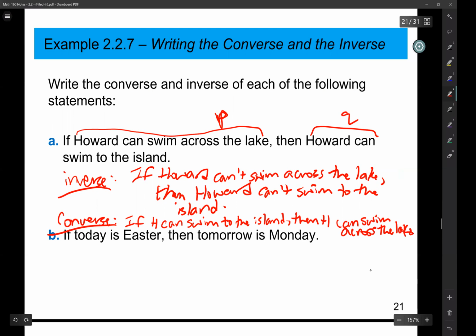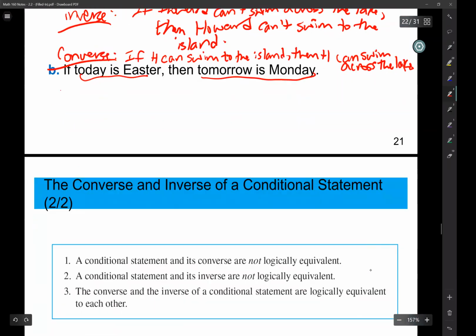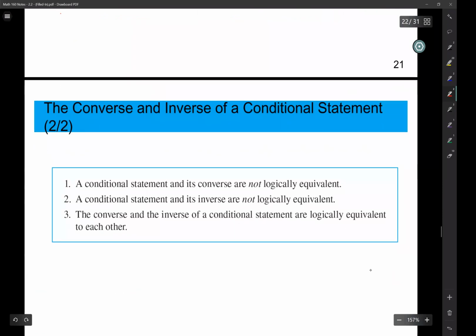Okay, and I'll let you do this for Easter and Monday as well. You can try that. So it turns out a really important thing is that converses and inverses are not logically equivalent to the original statement.